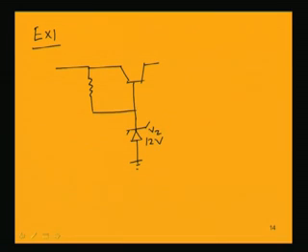I am again taking up the first circuit that we discussed, having a Zener diode of 12 volt and a resistance R of 220 ohm.